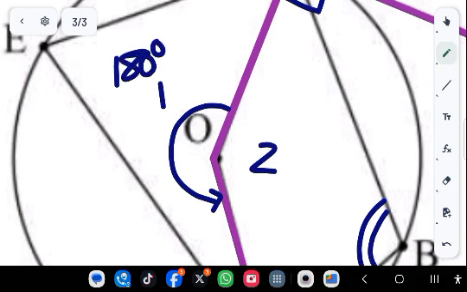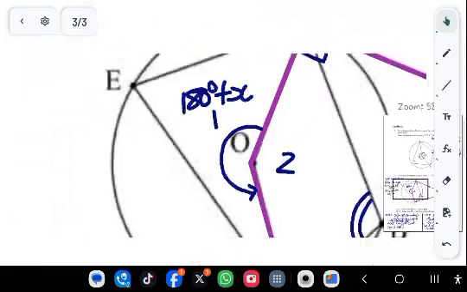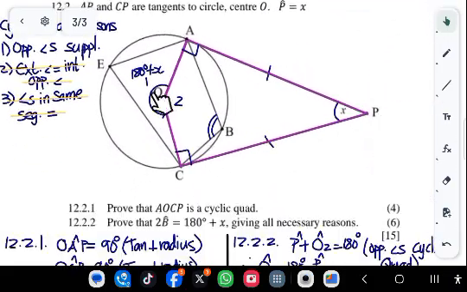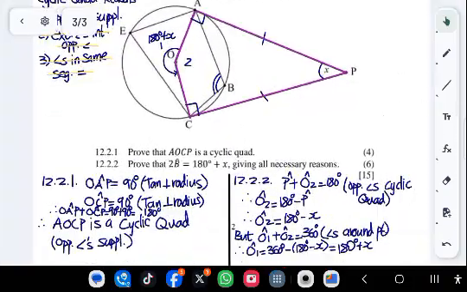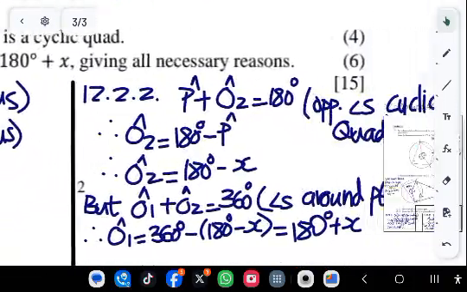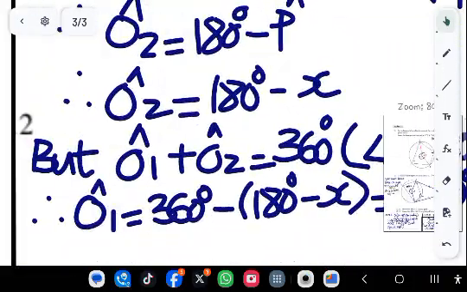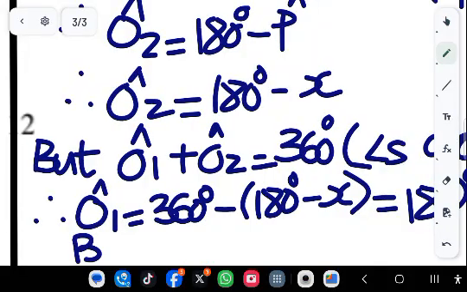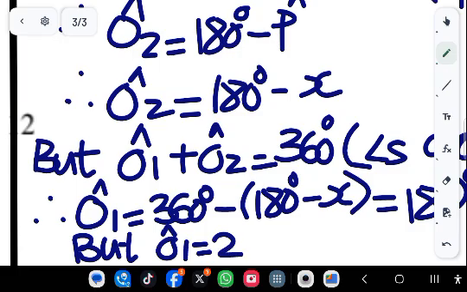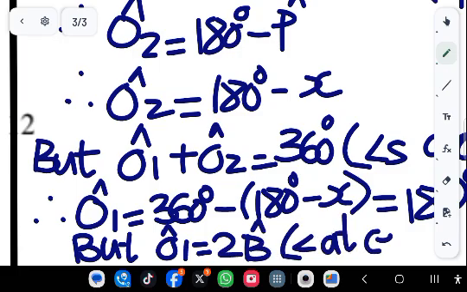180 degrees plus X. But notice that this angle O1 is equal to twice angle B. And the reason is angle at center equals twice angle at circumference.